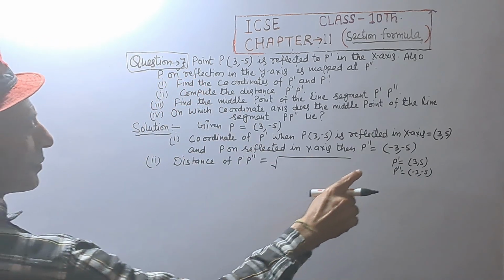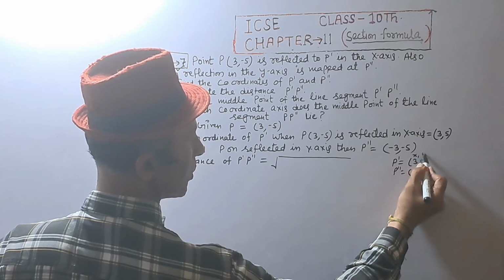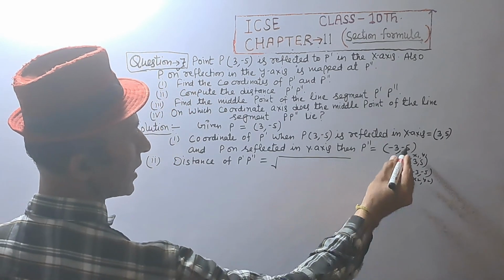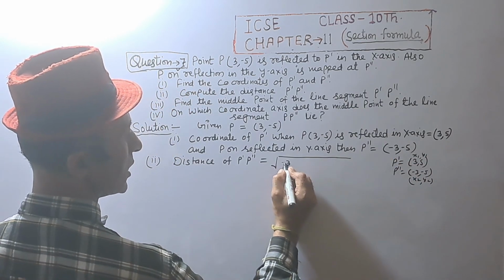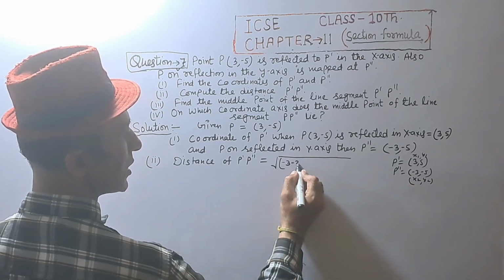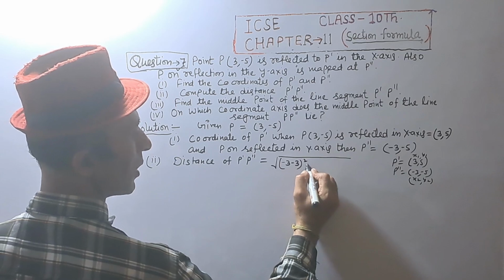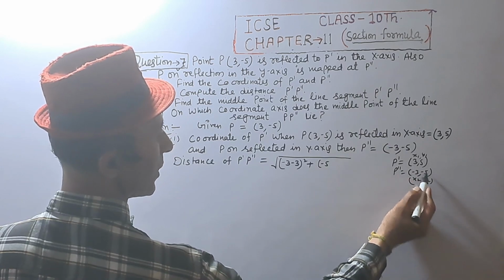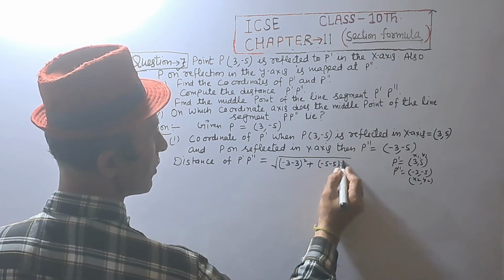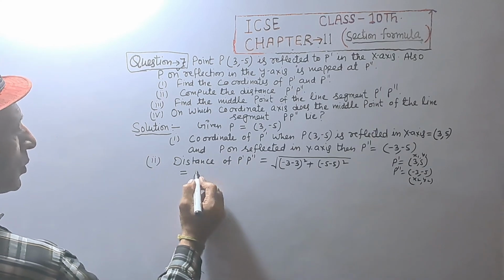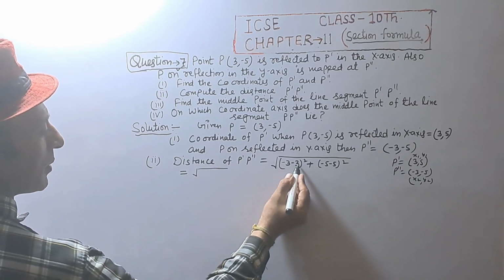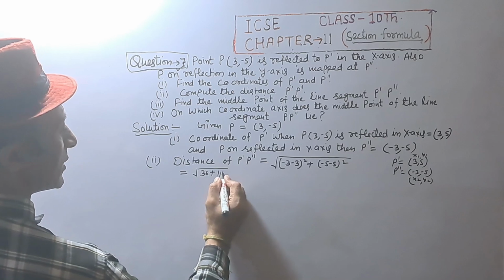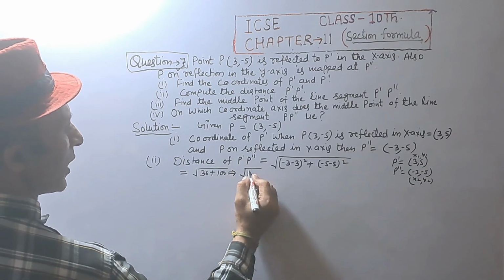So by the distance formula, with (x1, y1) and (x2, y2), that is x2 minus x1 squared, x2 is minus 3 and x1 is 3, this will be negative 3 squared, plus y2 is minus 5 and y1 is 5, minus 5 minus 5 raised to power 2, that is equal to 36 plus 100, which implies we get 136.